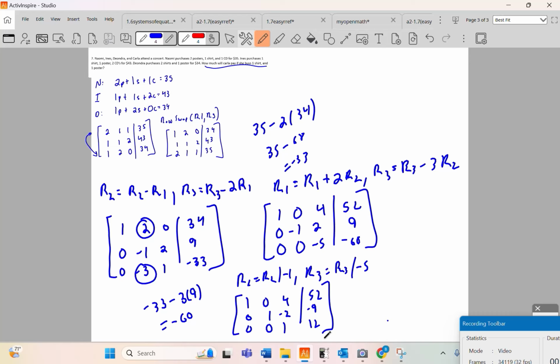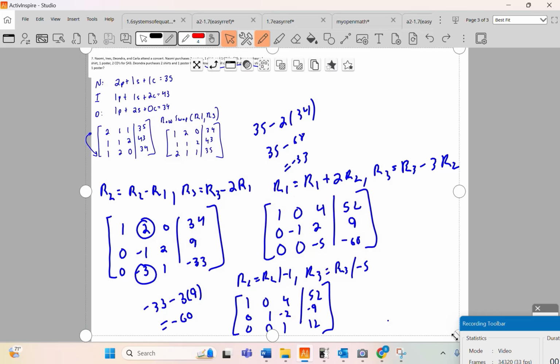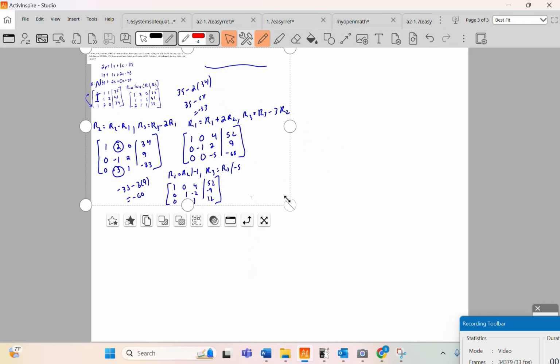And from here, there's 2 more moves and it's done. Hopefully you've guessed what the moves are. They're just to add multiples of row 3.